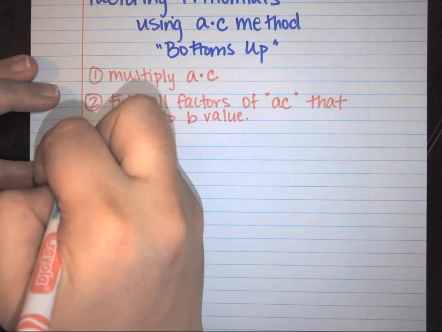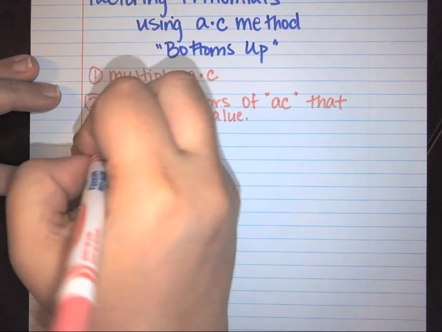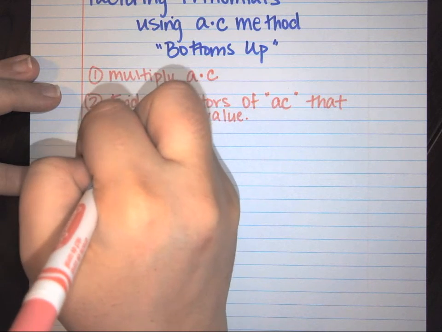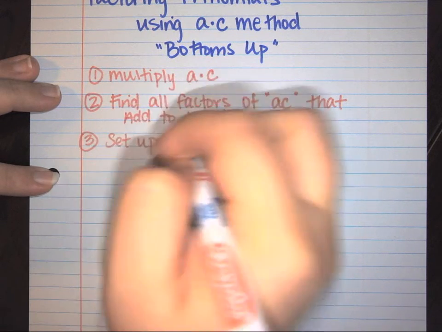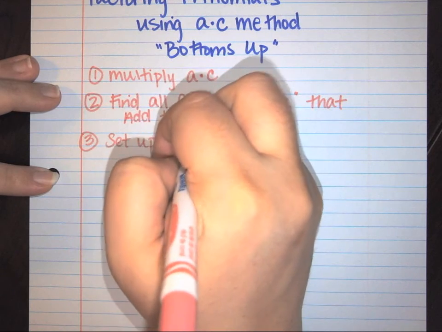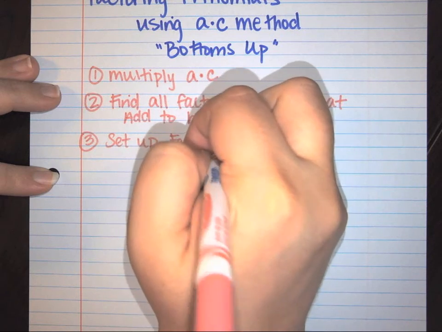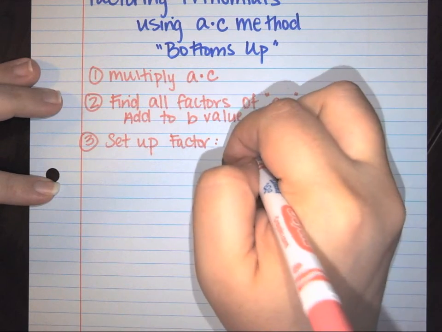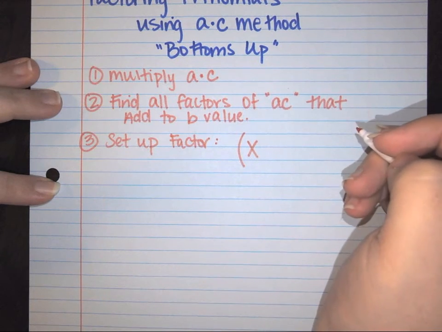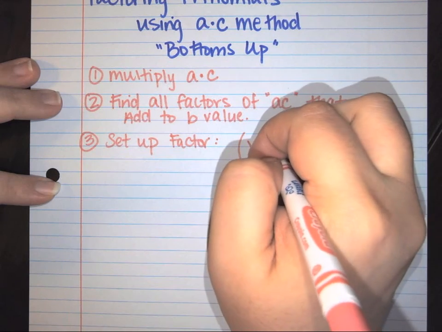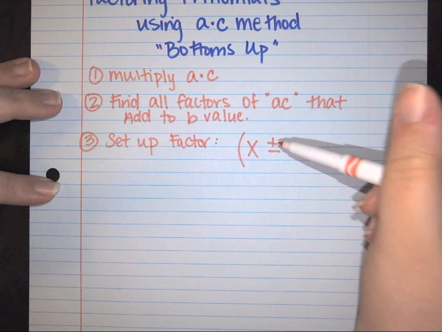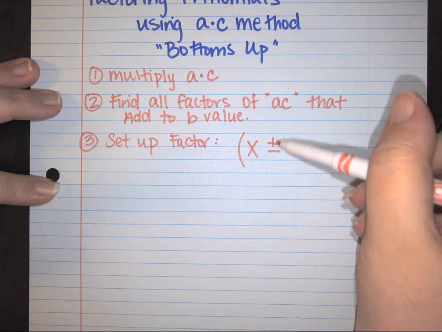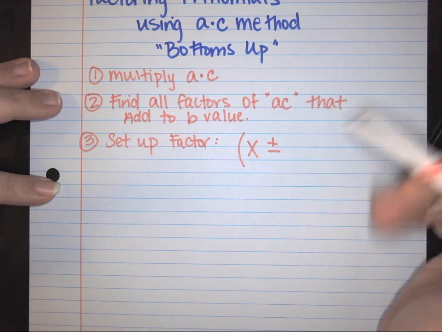The third thing that you have to do is what's called set up your factor. To set up the factor, you want to put it in the following form. You're going to have x, or whatever variable you're using, and then plus or minus, because at this moment in time we don't know if it's plus or minus, but it could be either.